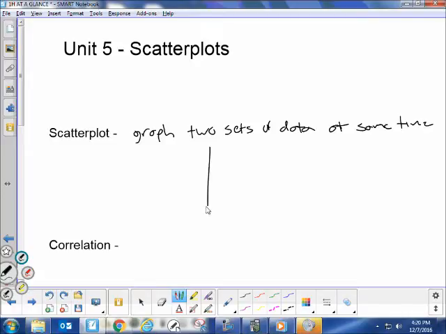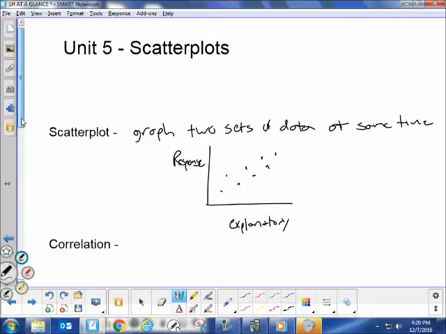Typically, we will have an explanatory variable and a response. And based on a certain time or just in order, we will have data being plotted. Okay?